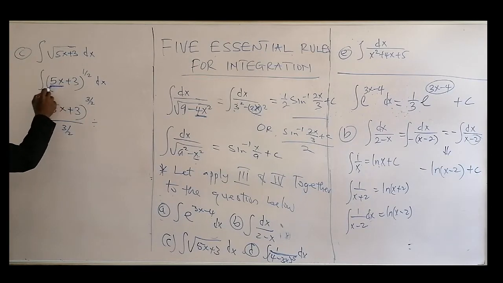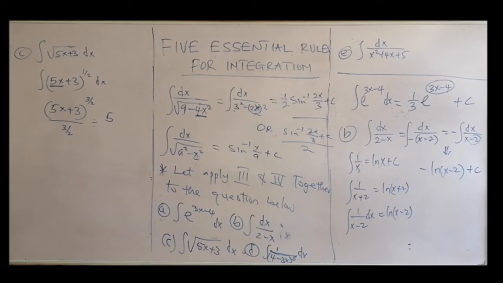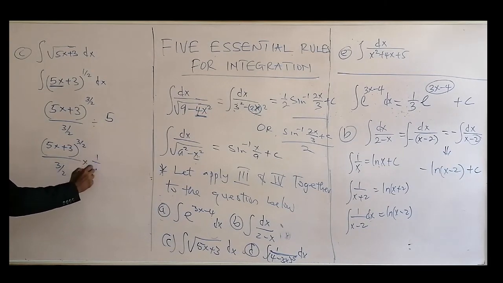The attachment of that constant. Okay, the attachment of that constant, which will be equal to divided by 5. And don't forget, this will be equal to 5x plus 3 to the power 3 over 2, over 3 over 2, times 1 over 5.